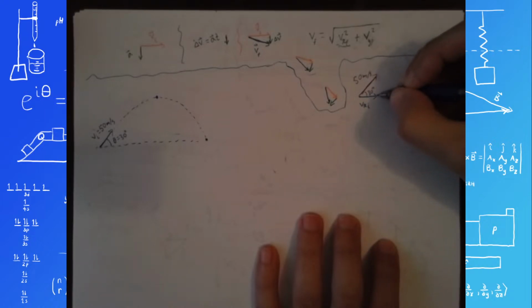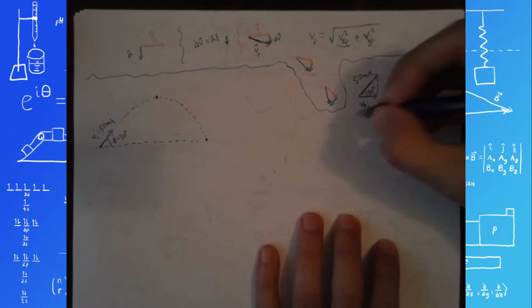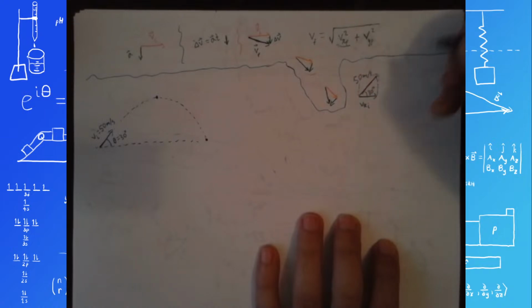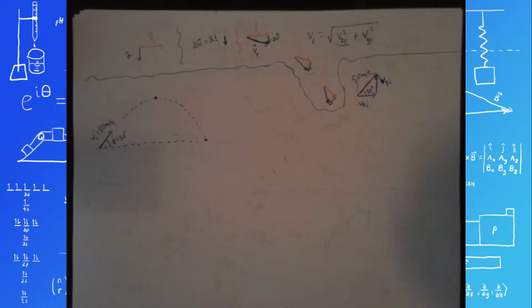And I would prefer to draw it over here, but I've already written my 50 over there, so okay, fine. I'll draw it over here for now. This would be Vy initial, the y component of the initial velocity.